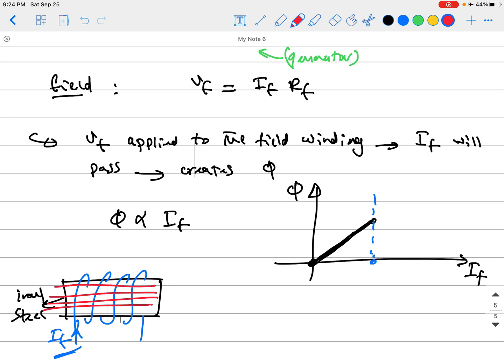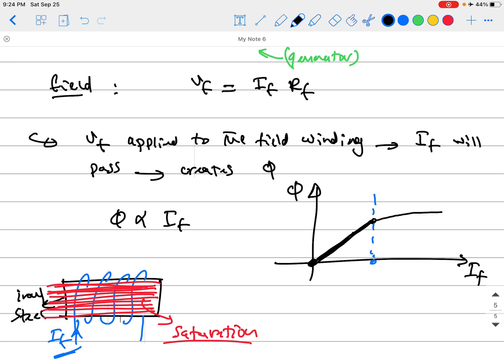You keep increasing the field, and these lines will keep increasing. You have more and more lines. But you will hit some point where this piece of iron or steel doesn't have any space for any more lines. That's what we call saturation. It doesn't have any more, and that means this relationship will not be linear anymore.